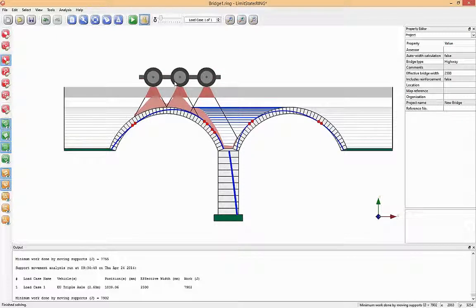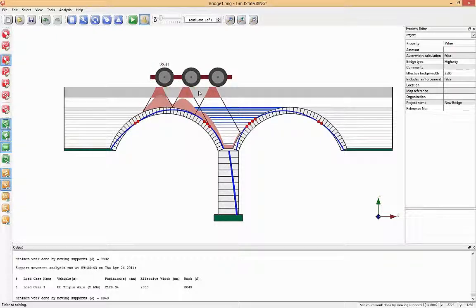Now, why might this be useful? Well, sometimes you can encounter a bridge which has clearly suffered some minor settlements, is carrying quite modest loading and is quite happy doing so, and has been doing so perhaps for several decades.